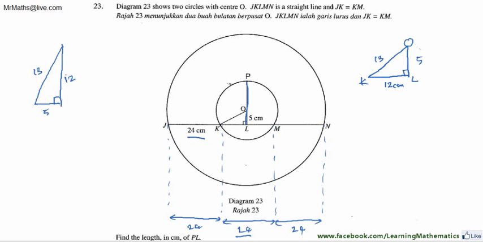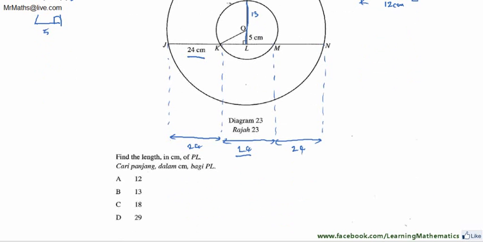So I do not want to repeat the Pythagoras calculation there. If OK is 13, then PO is also 13. Then PL is 13 plus 5, which is 18. So PL is 18. Yes, we have 18. That is C.